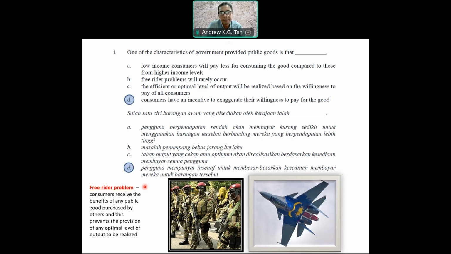Consumers will say that I'm not willing to pay for national defense because they know once it is provided, mereka tidak boleh dikecualikan daripada dilindungi. That is why government will have to provide for such pure public goods as national defense.